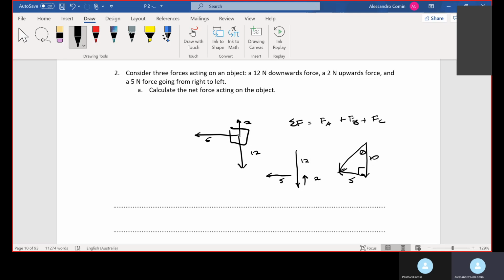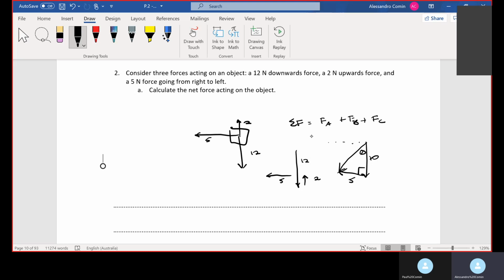Now, some people ask me, what is that angle in reference to? In module 1, we had north, east, south, and west. But here, there is no north. So what do we do? Well, the way we address it is that we always talk in relation to the x-axis.